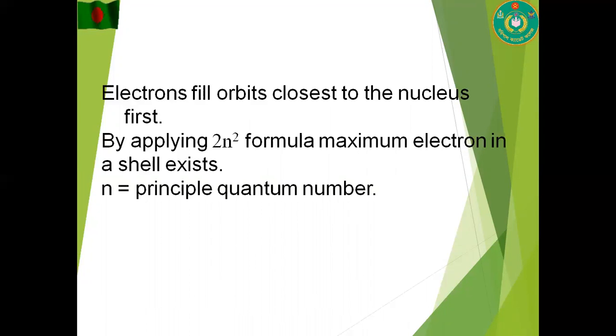If n is 3, this is the third orbit, where 18 electrons are present. For the first energy level, n is 1; second, n is 2; third, n is 3; and fourth, n is 4.